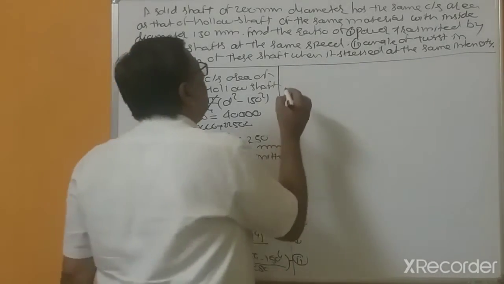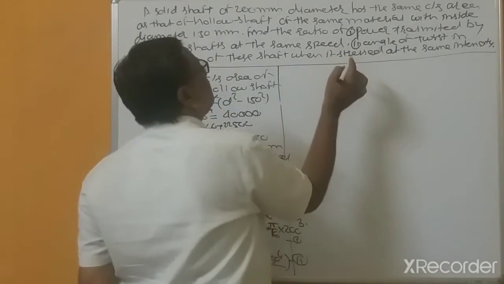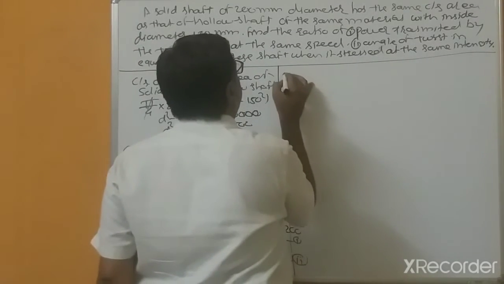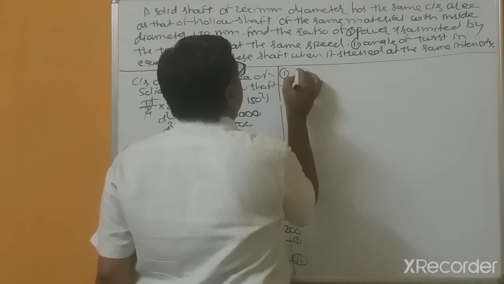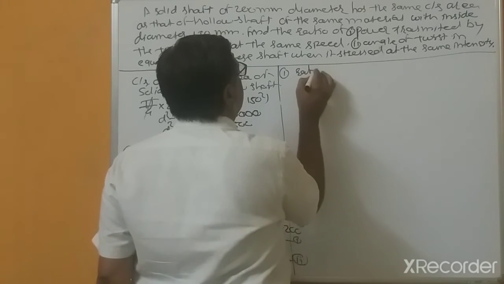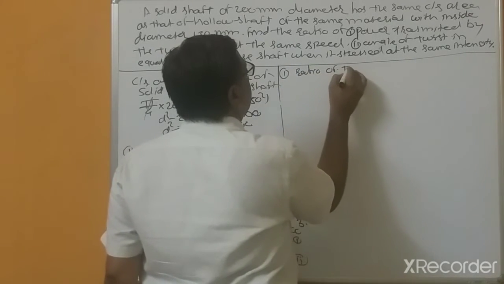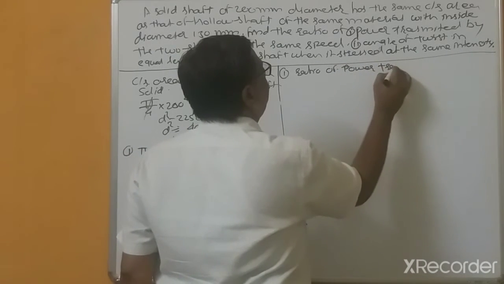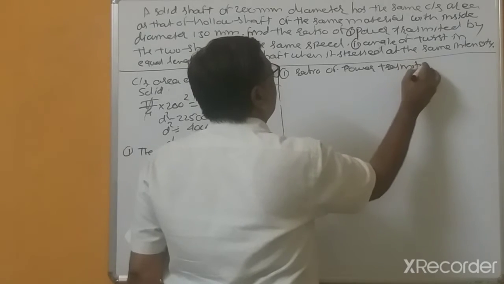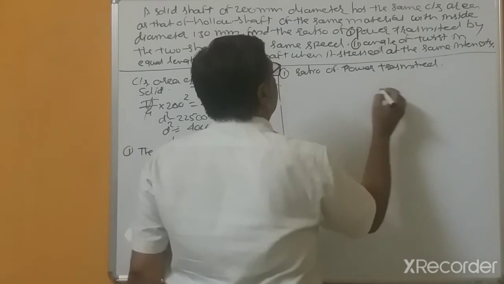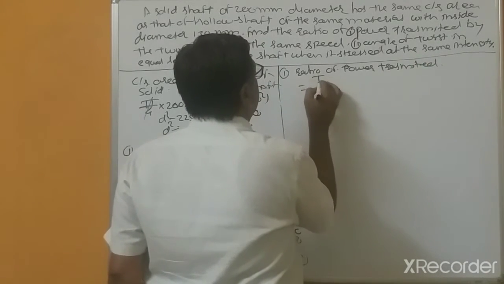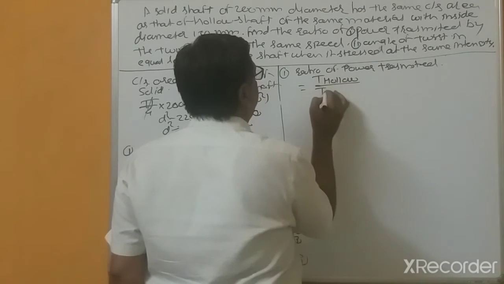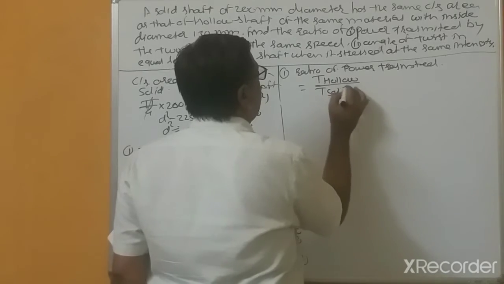Now, because the question asks for the ratio, we'll calculate the ratio of power transmitted, which equals T hollow shaft divided by T solid shaft.